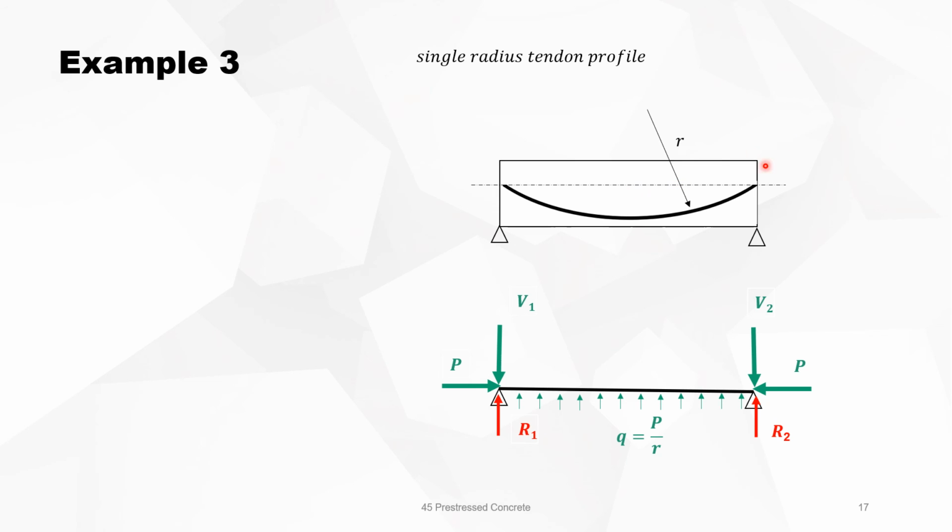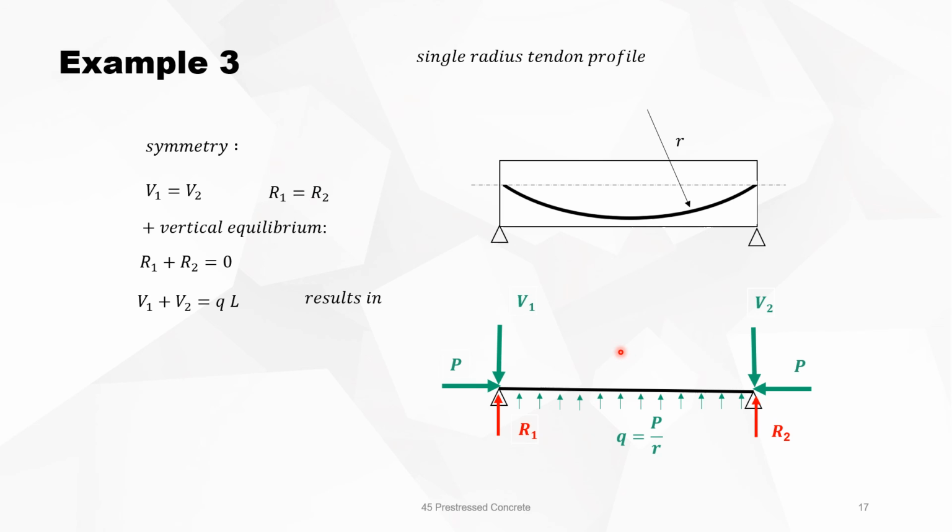Now we look at the single radius tendon profile. This is the equivalent forces with Q equals P over R. Now we do the same thing. Because of symmetry, R1 is equal to R2 and V1 is equal to V2. We take a vertical equilibrium.